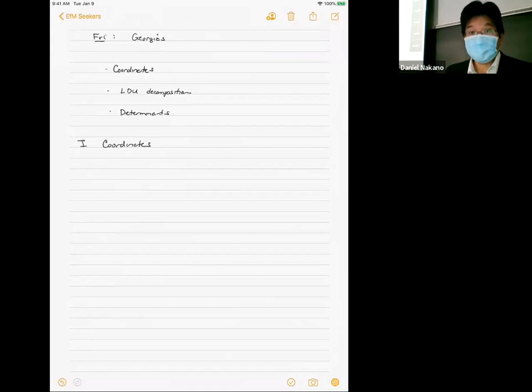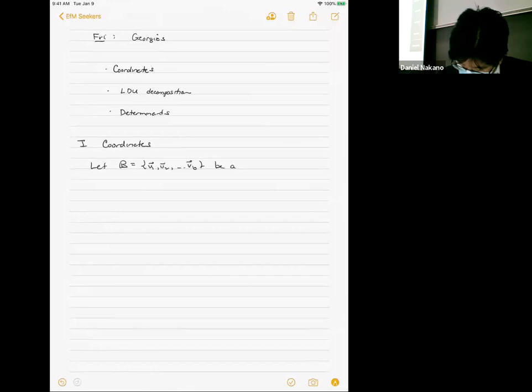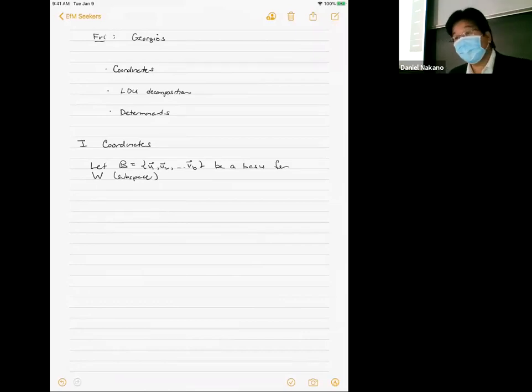All right, so what is the idea with coordinates? First of all, let script B be a basis for a subspace. It consists of vectors v1, v2, up to vt, and let's say B is a basis for a subspace W. Now, we know that every vector can be written as a linear combination of vectors in B. We also know it's unique because of linear independence.